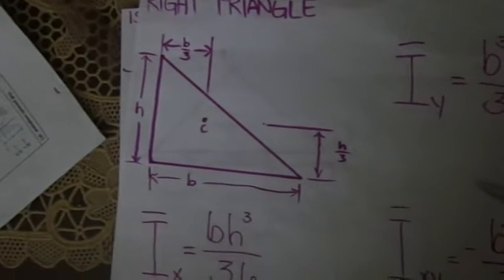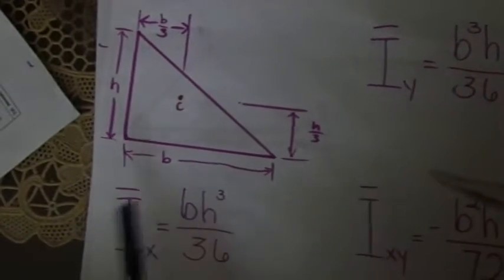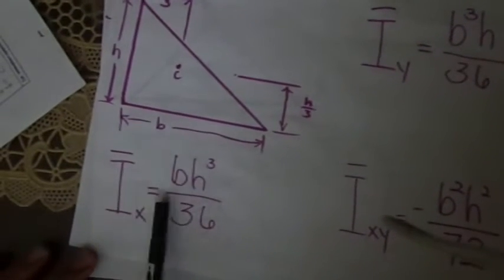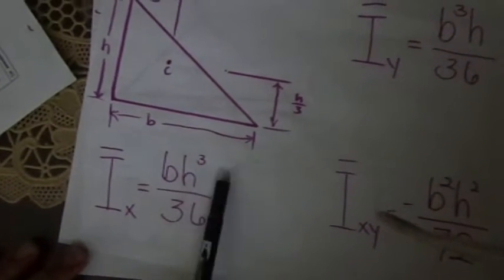Oh, you must be Aladdin. Here's the clue that you're looking for. In a right triangle, here is how you solve the moment of inertia. This is the base, here is the height. To get the moment of inertia at the x-axis, I bar x is equal to bh cubed over 36.